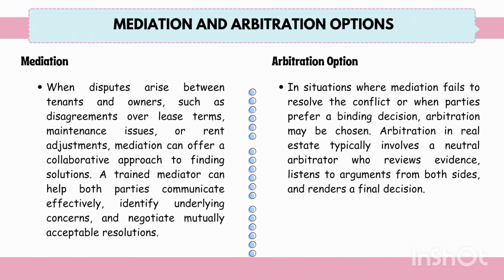And now let's proceed to mediation and arbitration options. So first is mediation. When disputes arise between tenants and owners, such as disagreements over lease terms, maintenance issues, or rent adjustment, mediation can offer a collaborative approach to finding solutions. A trained mediator can help both parties communicate effectively, identify underlying concerns, and negotiate mutually acceptable resolutions.